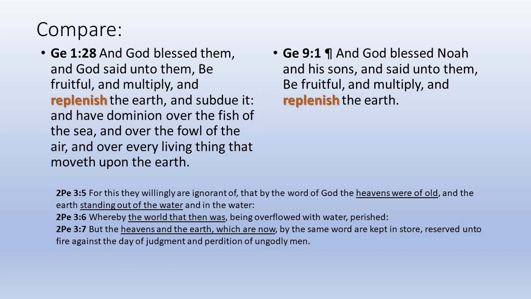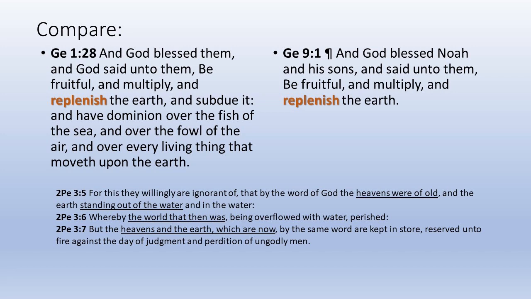In 2 Peter 3:5, "For this they willingly are ignorant of, that by the word of God the heavens were of old, and the earth standing out of the water and in the water." This has been interpreted as being Noah's flood, but in Noah's flood the earth was completely covered. It was not standing out of the water and in the water.